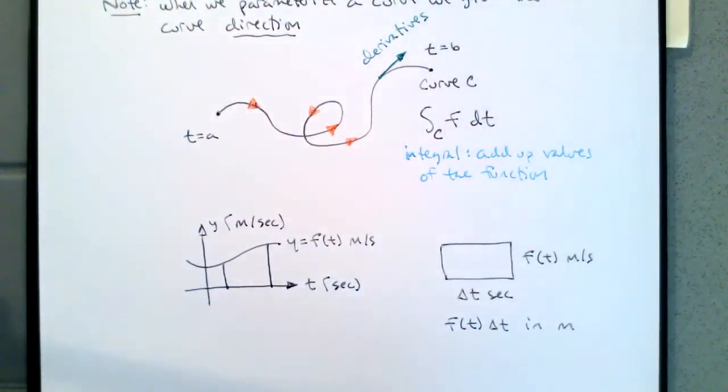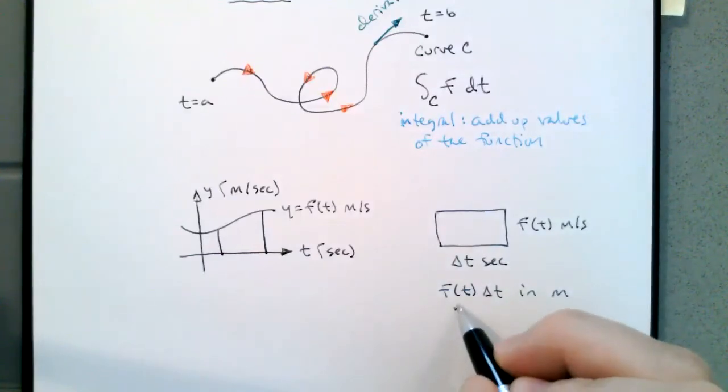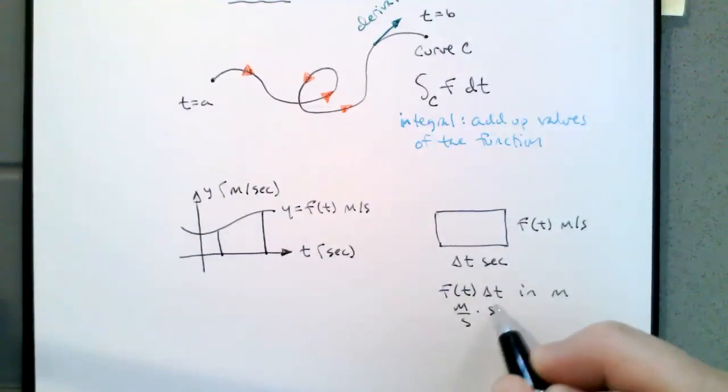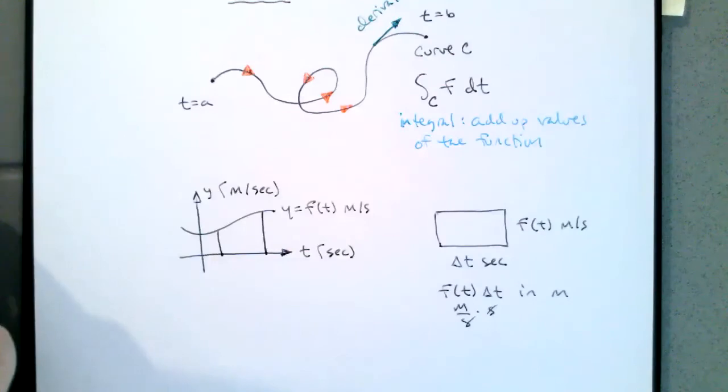And so when we multiply meters per second times seconds, the seconds cancel and we just get a result in meters. So there's nothing magical about it. It's just that's the thing that we used it for.